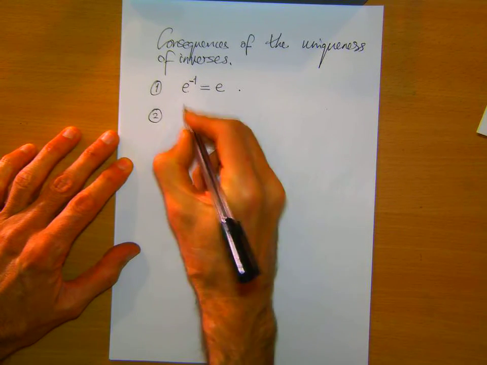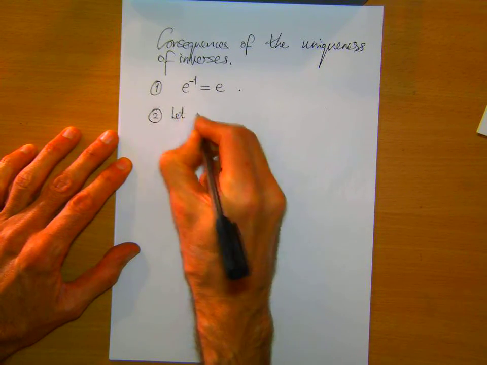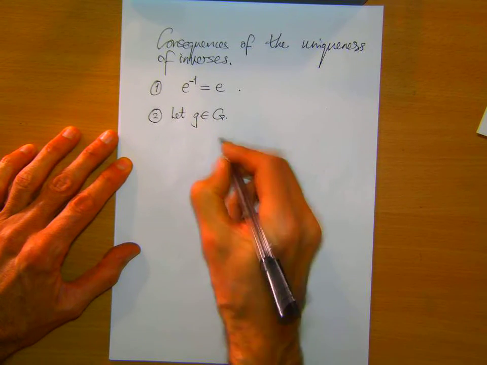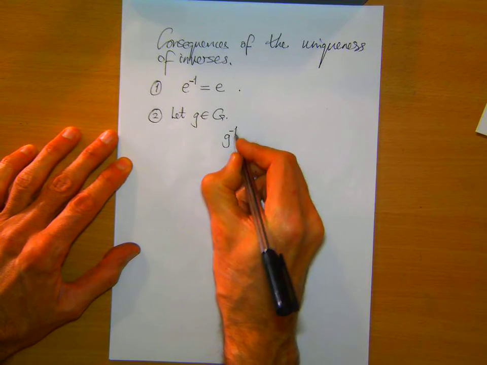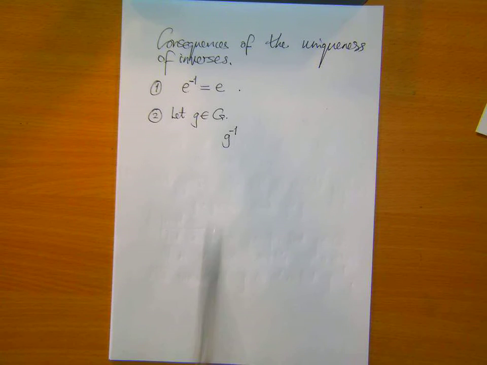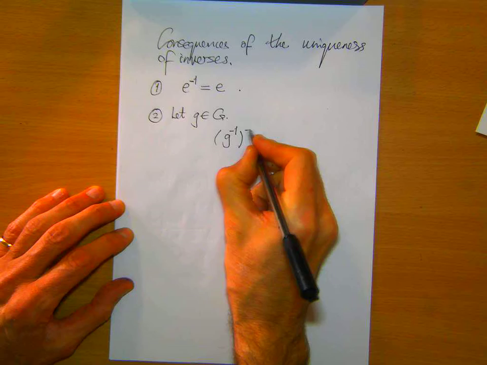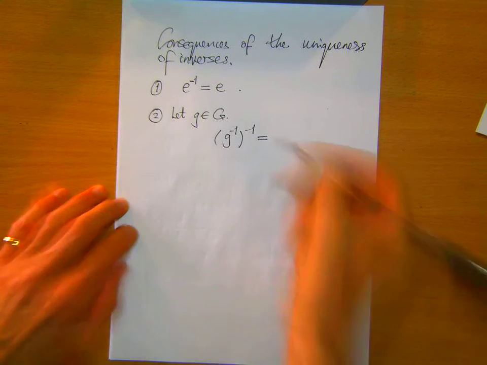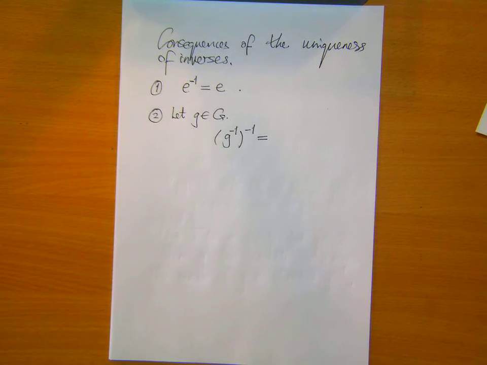Well, suppose I take an element g in the group, then I've got its inverse, but the inverse of g is also an element of the group. So I can ask the question, what's the inverse of g inverse? It's got a unique inverse, and we should be able to answer the question, what is g inverse inverse?